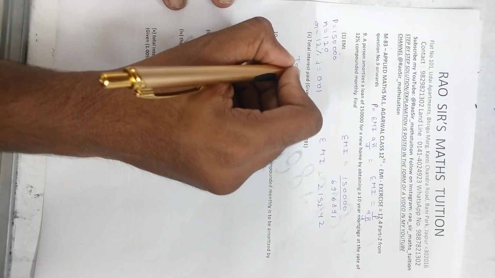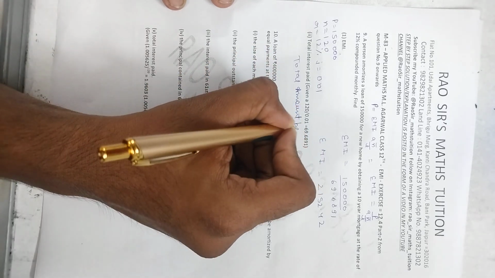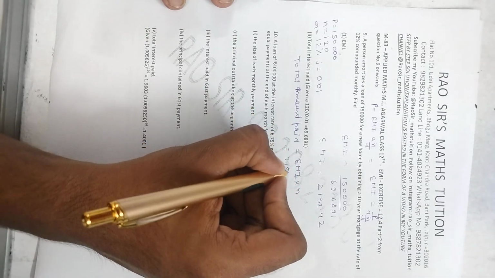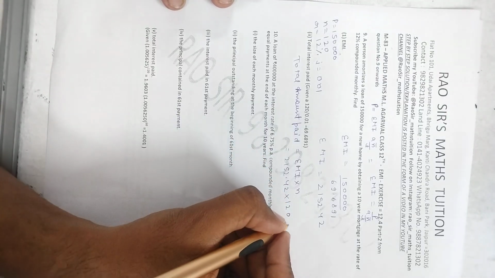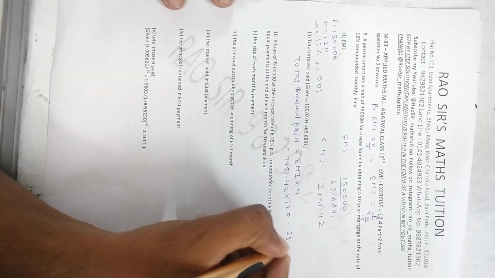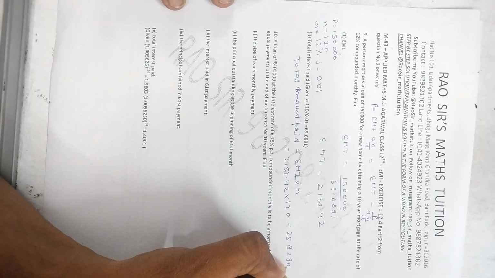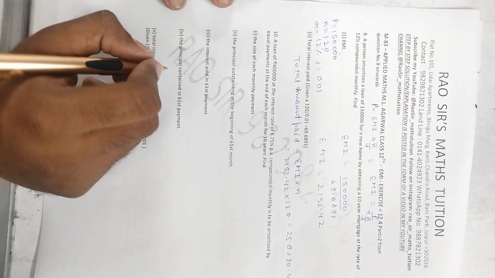First we have to find the total amount paid, which is equal to EMI into N, which is 2,152.42 into 120, which gives the answer 258,290.40.